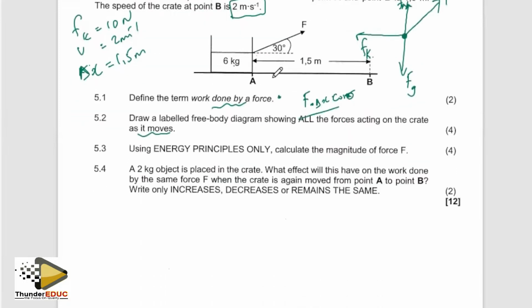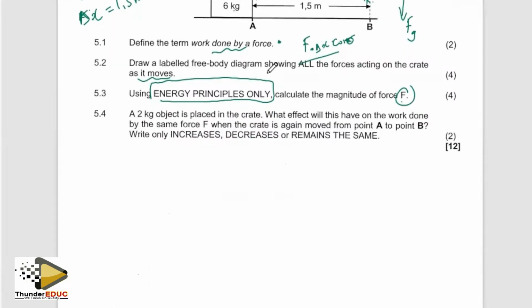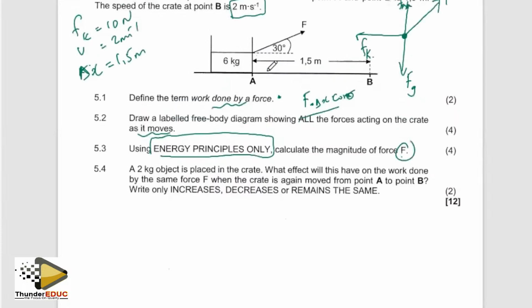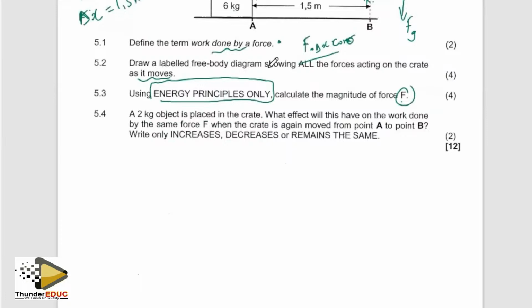All right, then 5.3, they want us to use energy principles only to calculate the magnitude of F. So what we know with energy principles is that the net work done, W net, is equal to the change in kinetic energy.